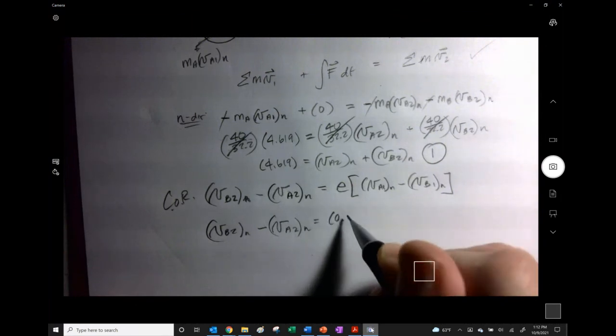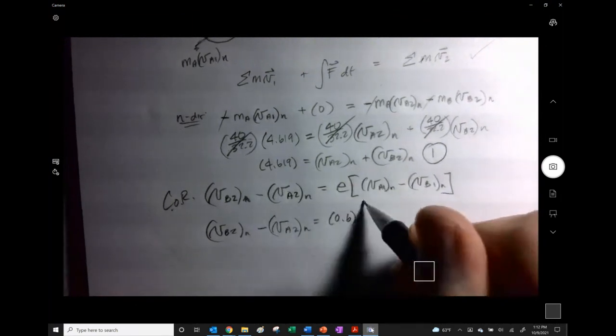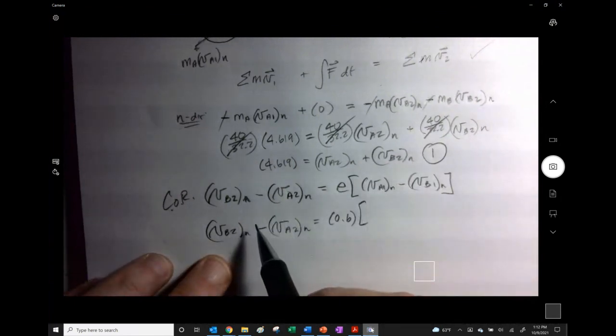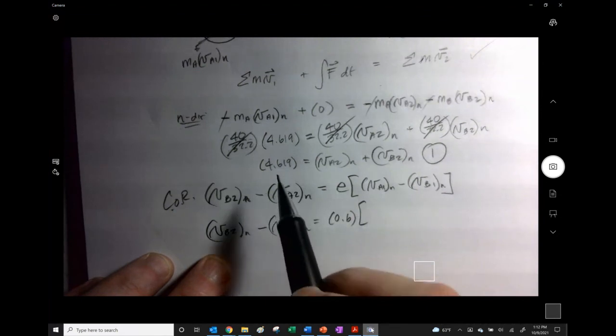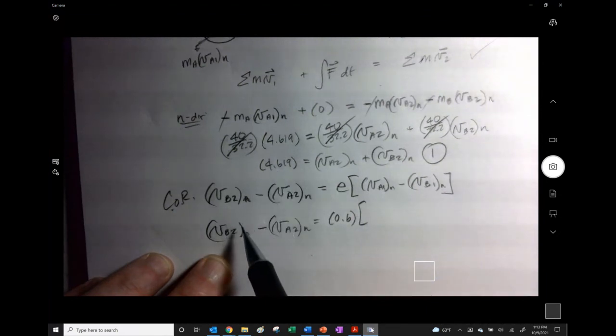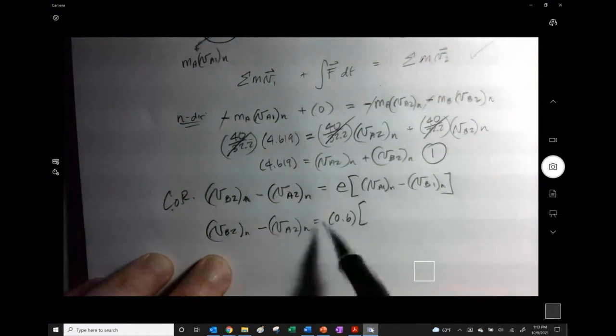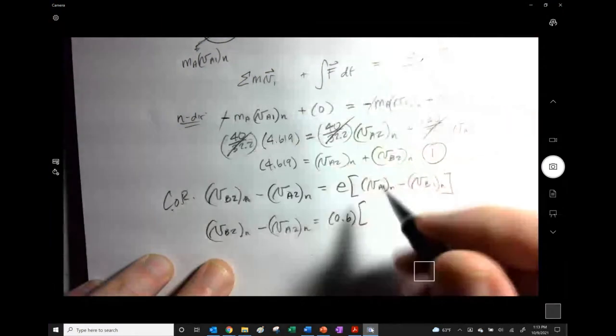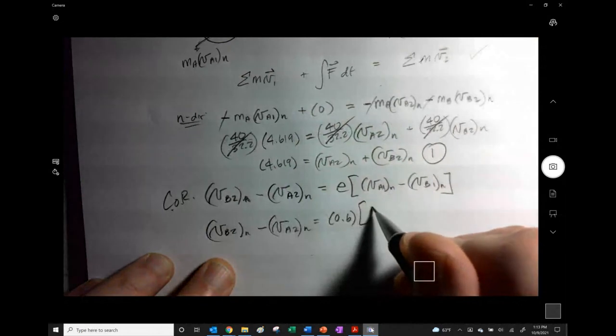We do know this, 0.6, and we do know this right here. We have to be a little careful with our conventions. I think we're going to be fine. Yeah, because I already said that I should have made the thing reverse, so I don't think it's going to matter.